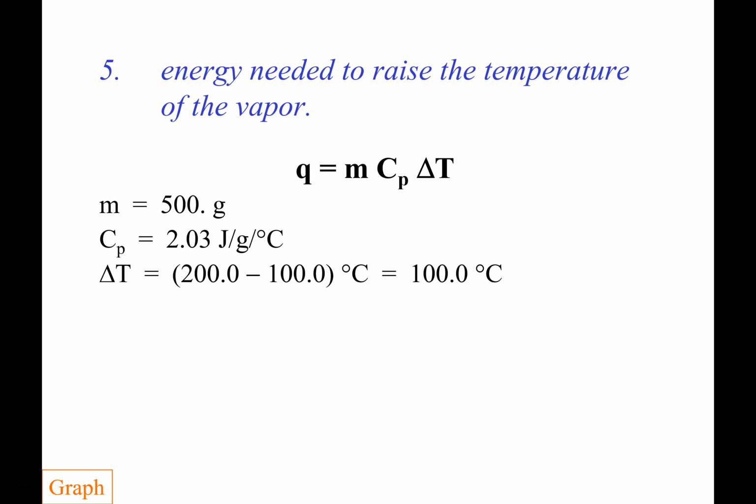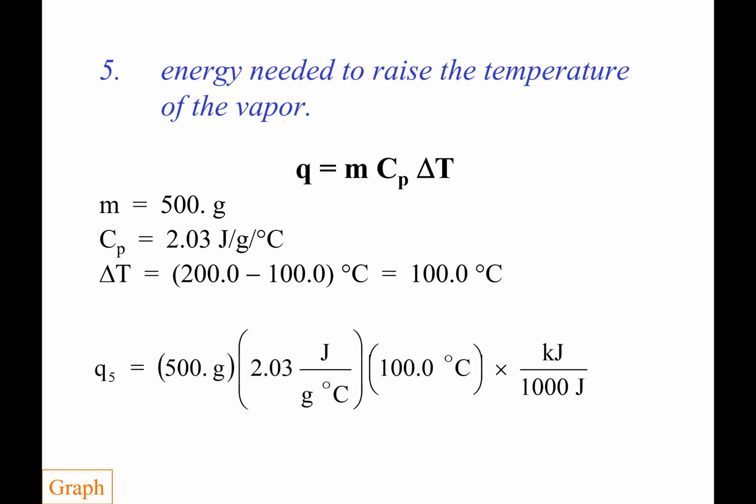It's final minus initial, so it's 200 minus 100 for a delta T of 100 degrees Celsius. So when we plug into Q is equal to MC sub P delta T, it looks like this. So Q5 is the mass, which is 500 grams of water, 3 sig figs, times the specific heat of water in its vapor phase, 2.03 joules per gram degree Celsius, times our delta T, which is 100 degrees Celsius.